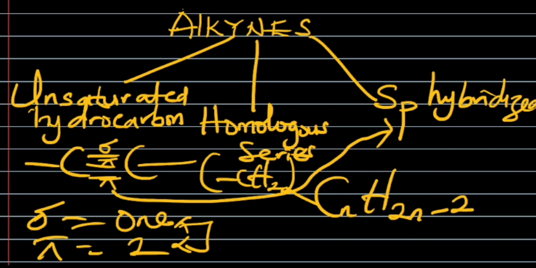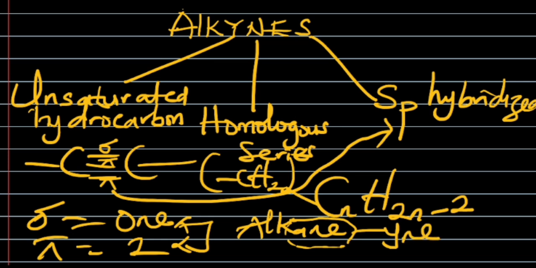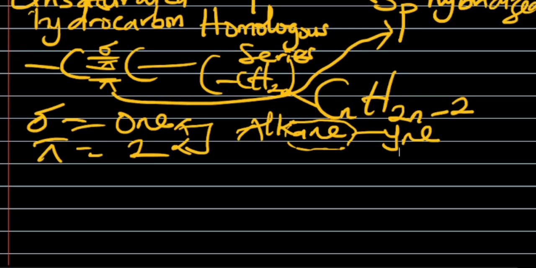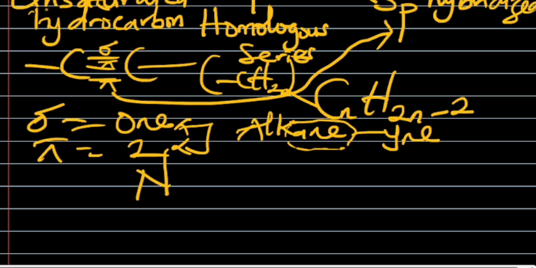For us to name these alkynes, we replace the ane from alkane with yne. So we need to take note of all this. Now let's look at the next one, which is the naming of alkynes.